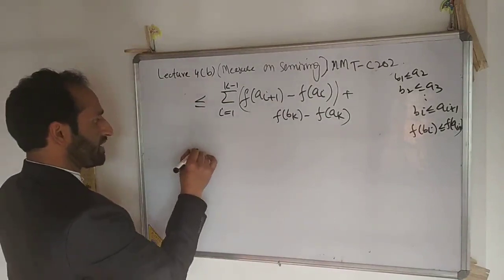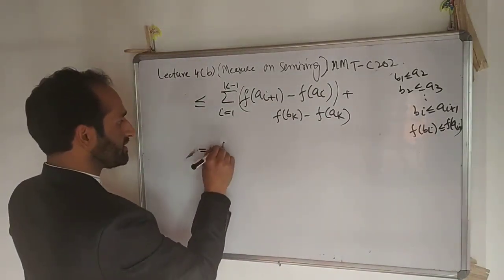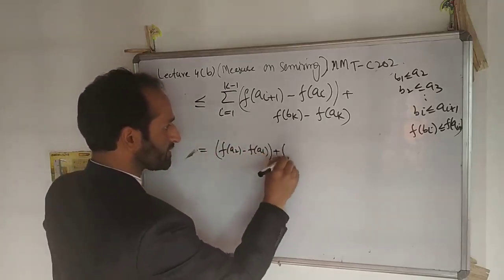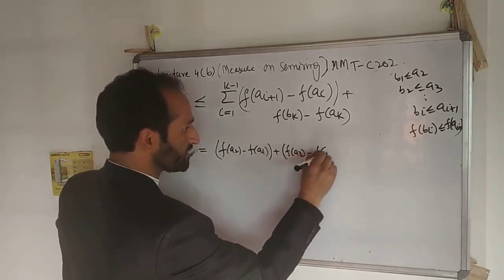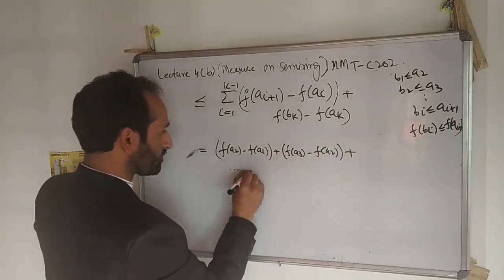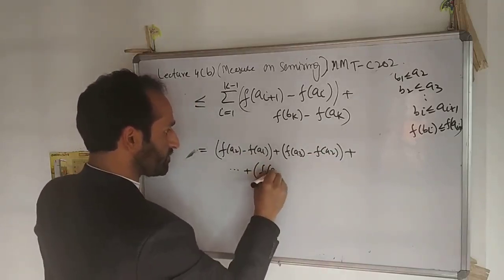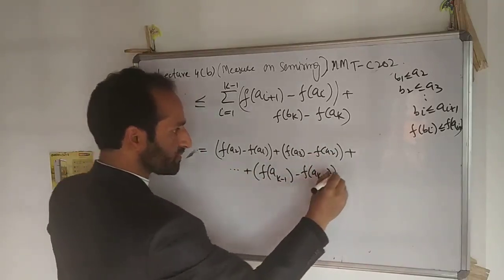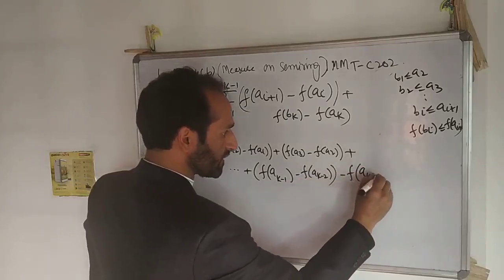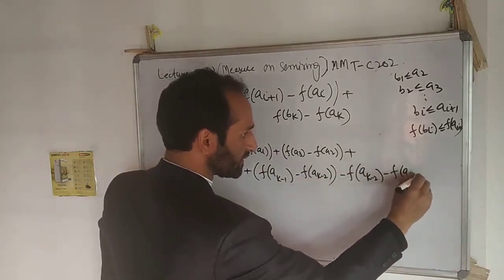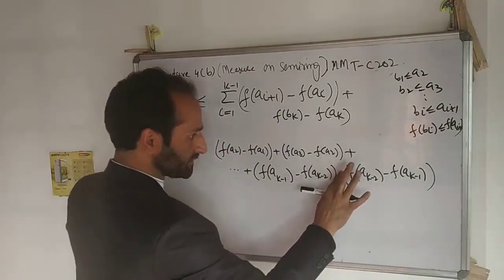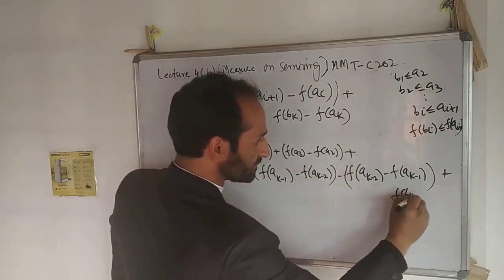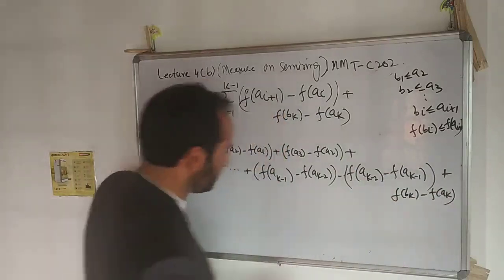Now let's expand this sum. It's f of a2 minus f of a1, plus f of a3 minus f of a2, plus the last but one, f of a(k-1) minus f of a(k-2), then f of ak minus f of a(k-1). Then the last one is f of bk minus f of ak.